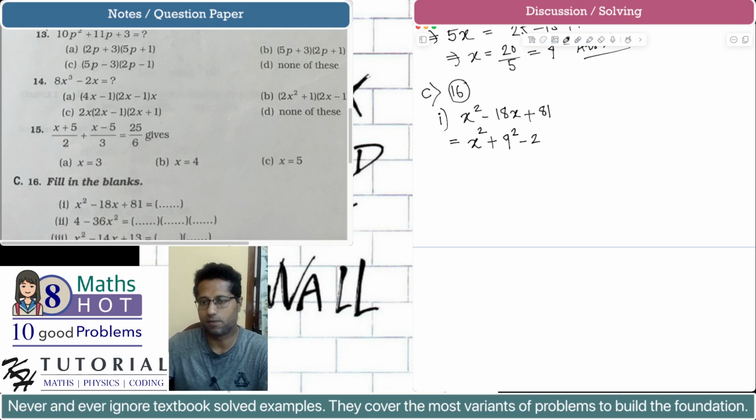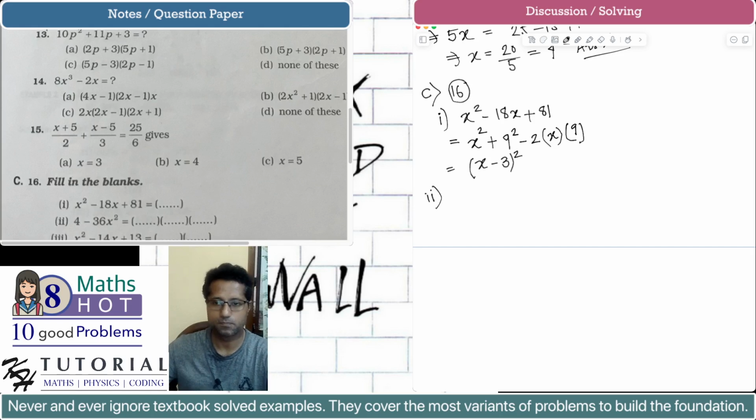So we must have minus 2 into x into 9, and indeed we get minus 18x. So we got the form of a square plus b square minus twice ab, which, as per the identity, is a minus b whole square. So the factorized form of the given expression is x minus 9 whole square.